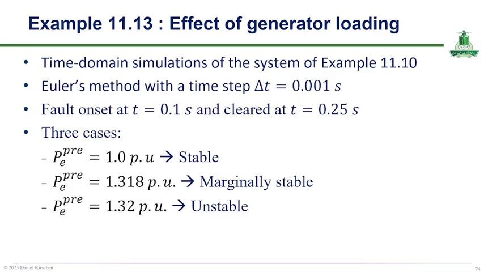A slight further increase to 1.332 per unit causes instability, demonstrating how heavily loaded generators are more vulnerable to losing synchronism during faults.